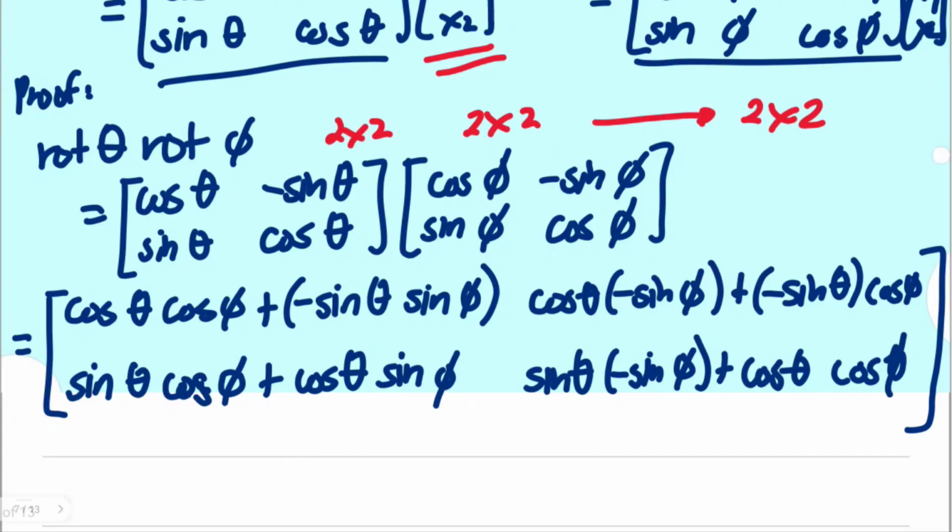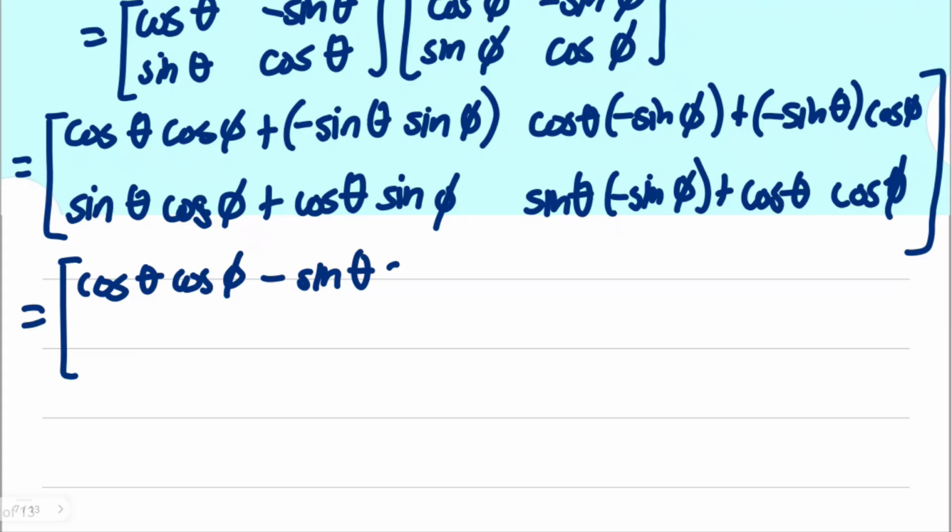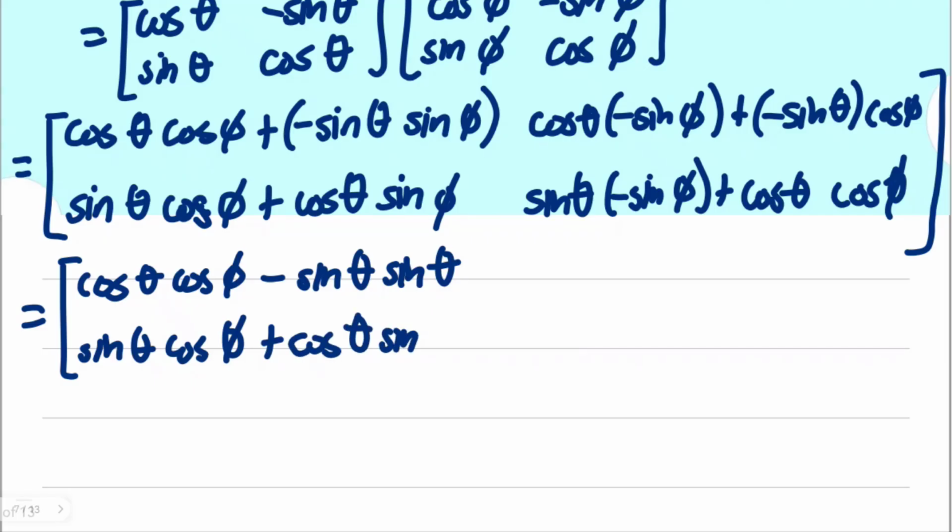So with that, let me just simply rearrange and apply some operations for the rest. Cosine theta, cosine phi, this will be minus sine theta, sine phi. At the bottom, sine theta, cosine phi plus cosine theta, sine phi.